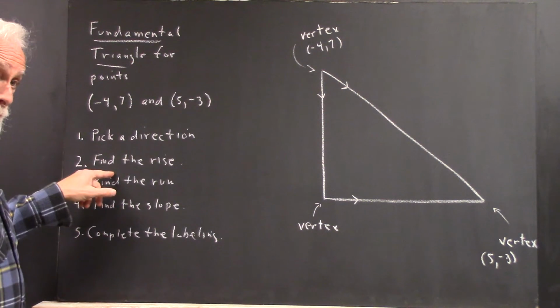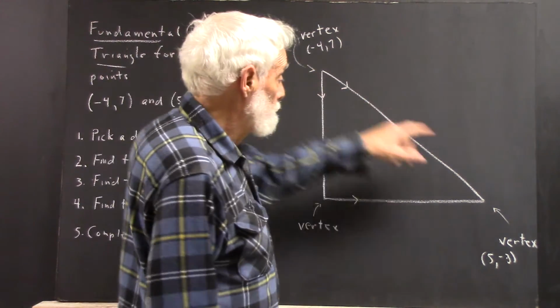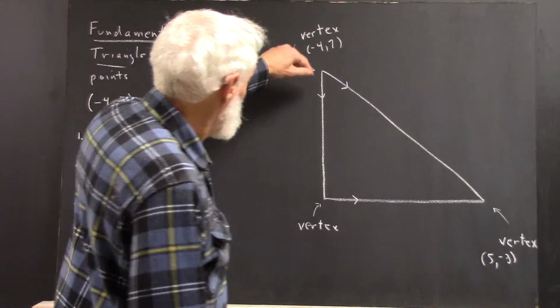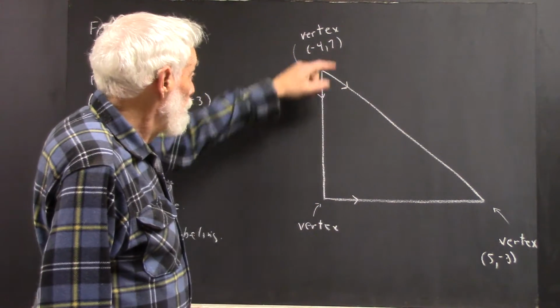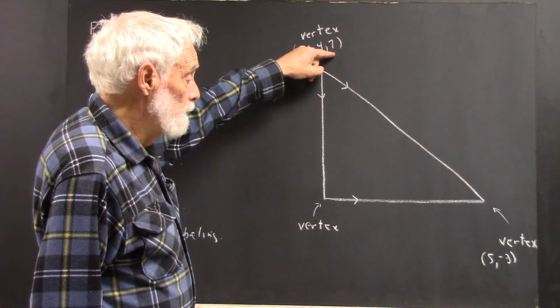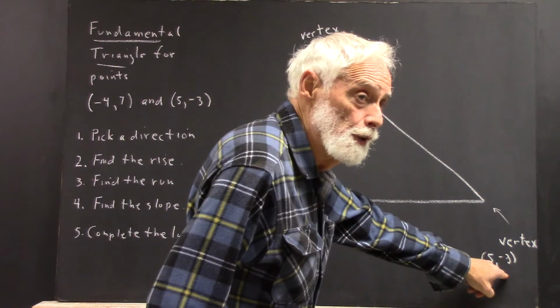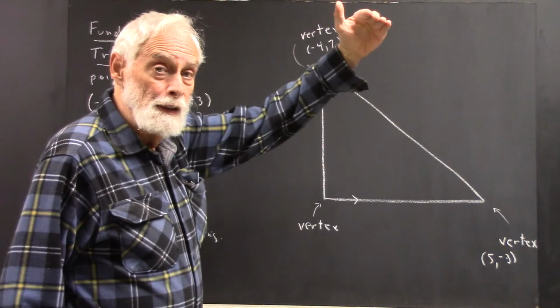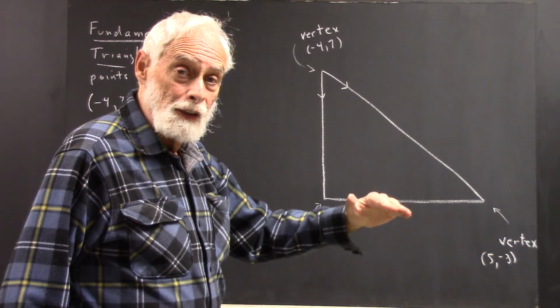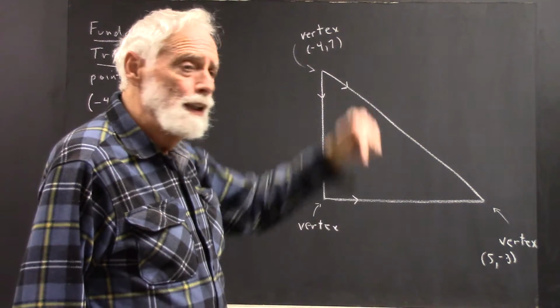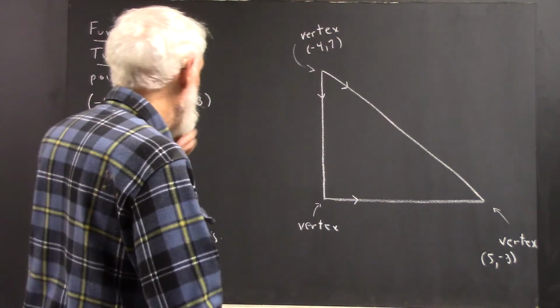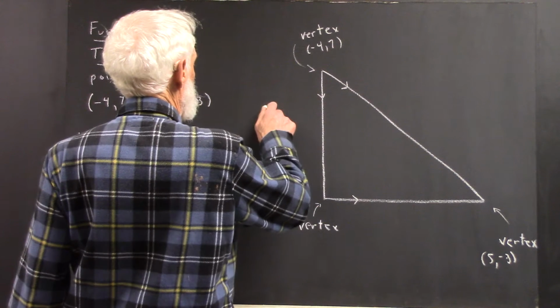Find the rise. Well, the rise from this point to this point is the displacement from here to here. Now, to go from here to here, I have to go from y-coordinate 7 all the way down to y-coordinate -3. Now, from 7 down to 0 is 7, and then to -3 is 3 more. That's 10 units of distance, and it's in the negative direction, so the rise is -10.